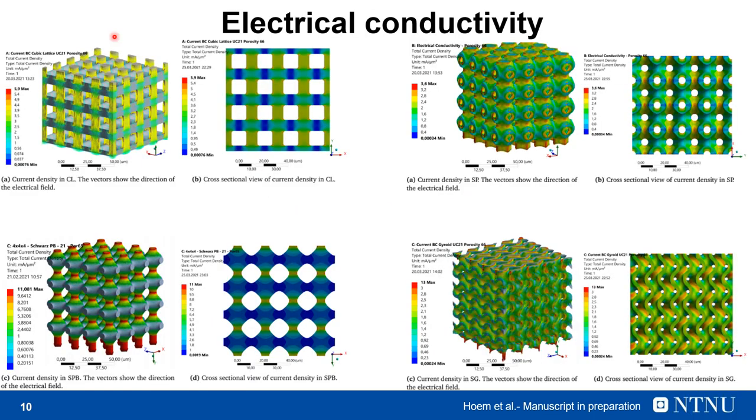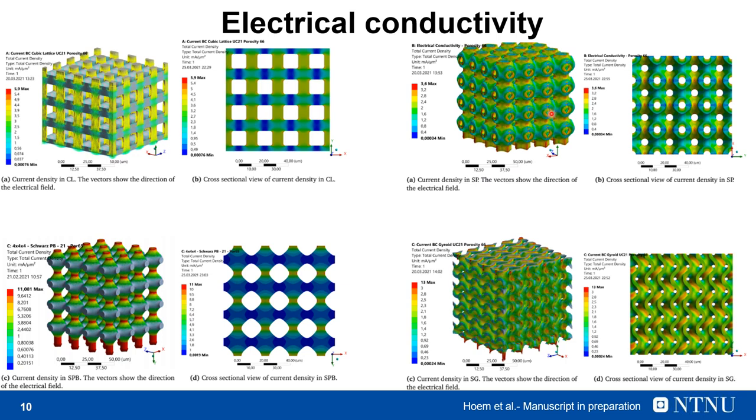The results shown in the former graph are plotted in this slide. For the cubic lattice, we can see that the current densities are pretty uniform along the beams in vertical directions. For the Schwarzschild beam, the current densities are much greater in this section where the cross-sectional area is low.